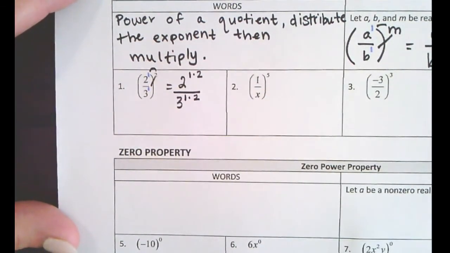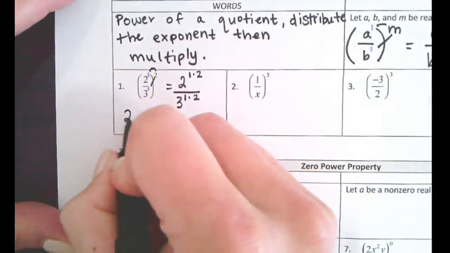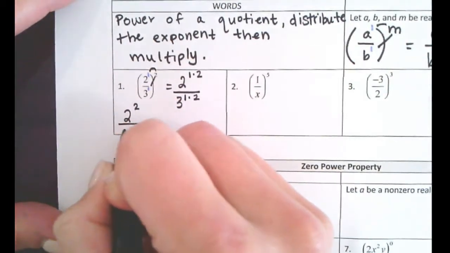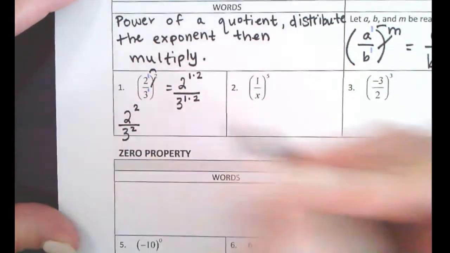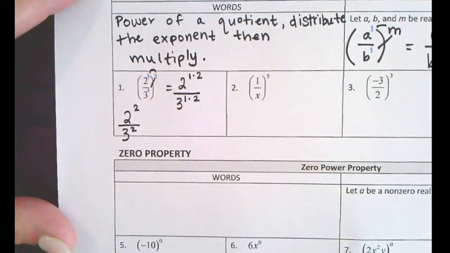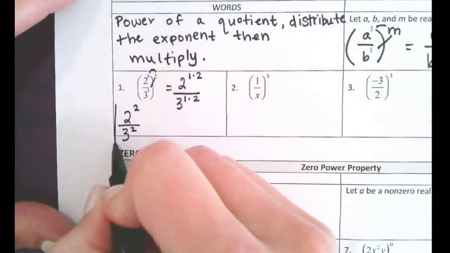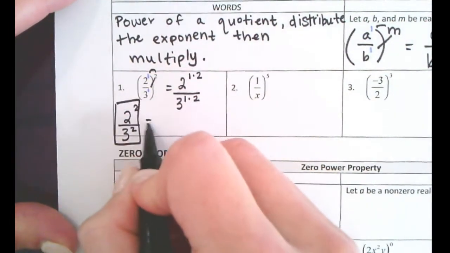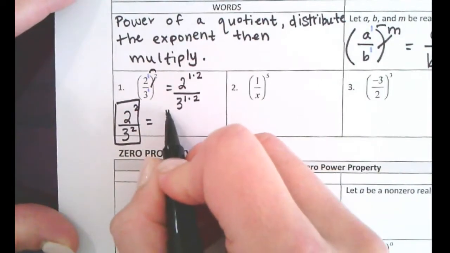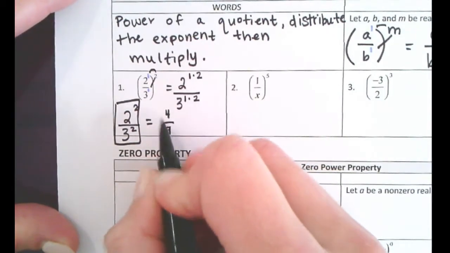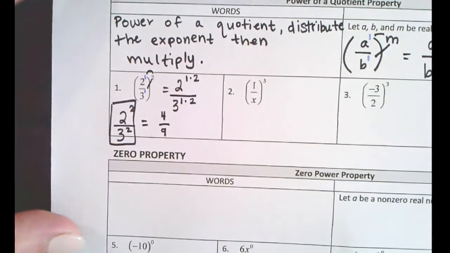Simplifying this, I get 2 to the second power and 3 to the second power. On homework, you will be fully simplifying this, so you can either just see the example here, or you can see that 2 squared is 4 and 3 squared is 9. This is the fully simplified answer.